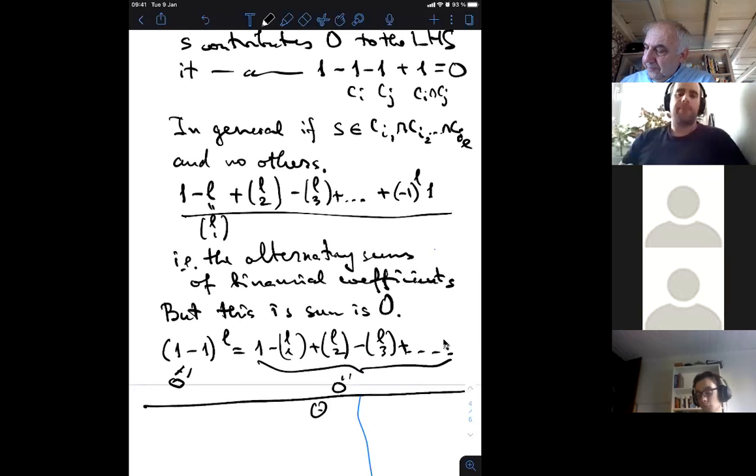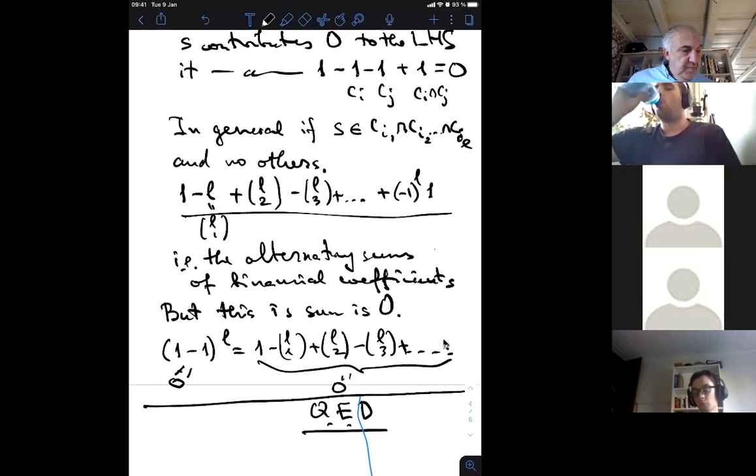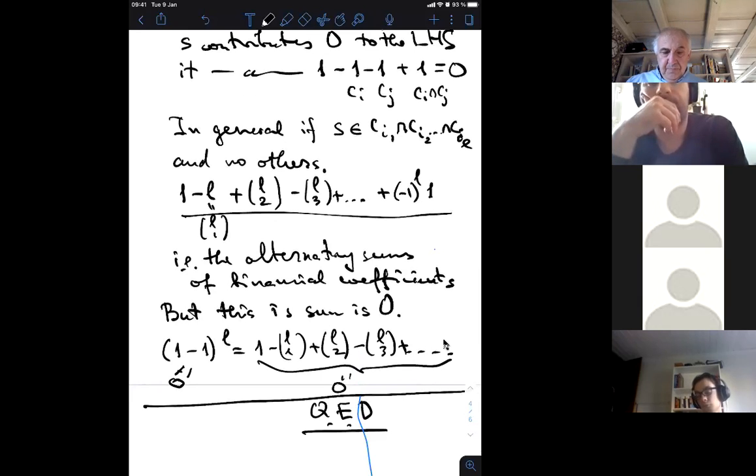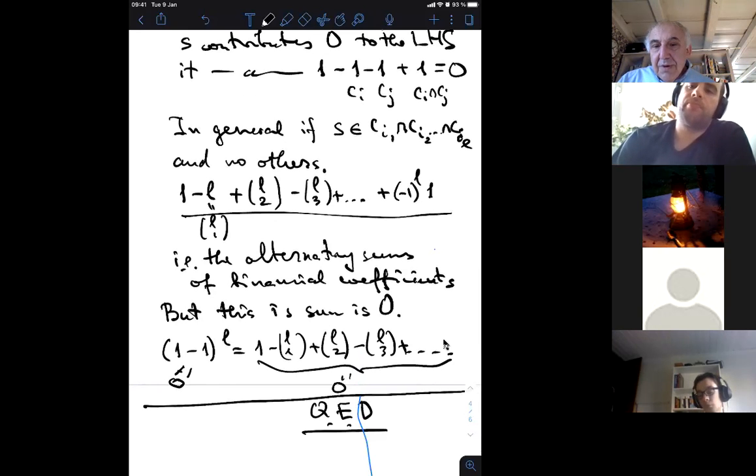Question. Is CIK the condition CI applied on element K in the set S?